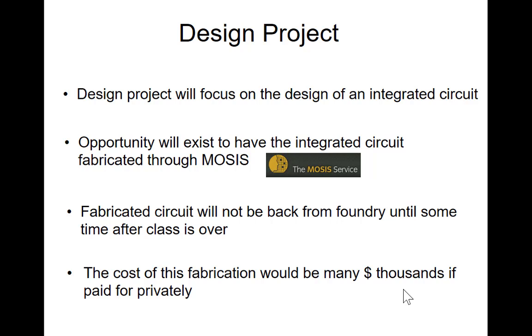The cost of this fabrication, if you had to pay for it yourself, would be several $1,000s. It's a fantastic opportunity to be able to fabricate a circuit. Although I can't guarantee it, if somebody fabricated a circuit that had decent functionality, it's oftentimes a ticket to a job. Interviewers are oftentimes very impressed if you can successfully design and fabricate and test an IC.